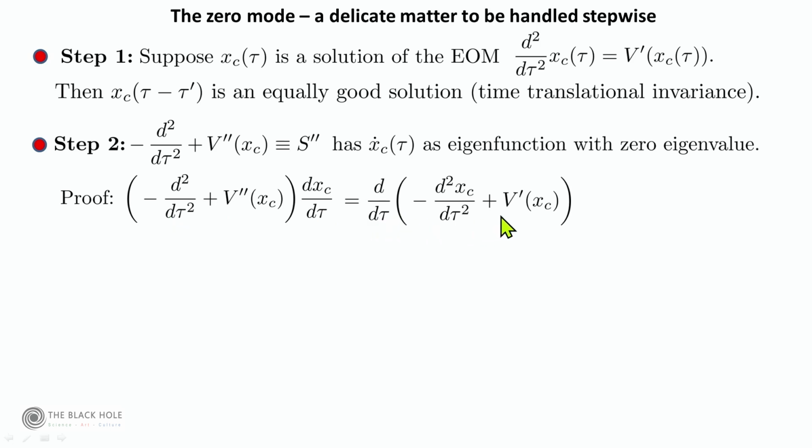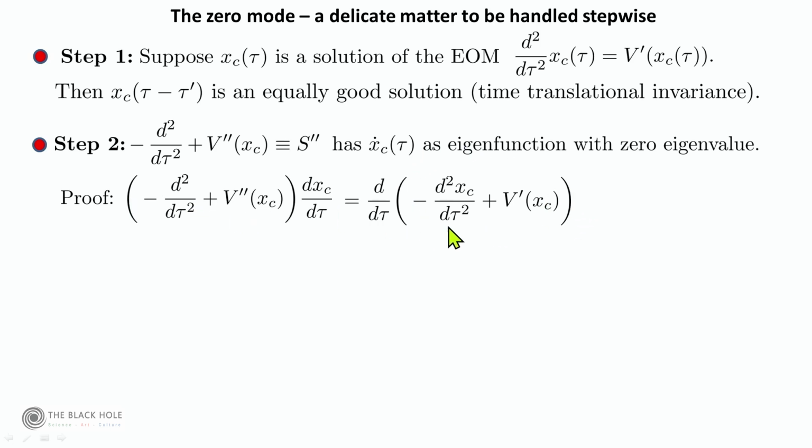And this d by d tau acting on this, let's figure out what that is. So d by d tau acting on this, first of all, will give you a second derivative of v with respect to x. And then you have to differentiate what's inside by tau. And so that means that this is equal to this.